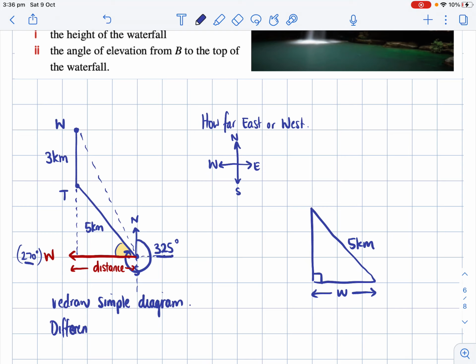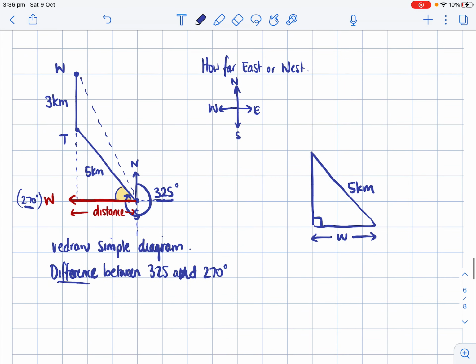Let's find the difference between 325 and 270. And again, I've talked about getting that inner voice going in your head, because as soon as you see difference, you should know to just subtract those two angles. So 325 subtract 270 gives you 55 degrees. Hopefully I did my subtraction in my head properly.